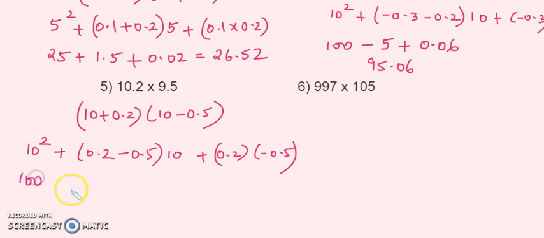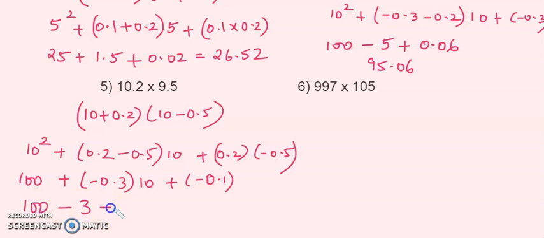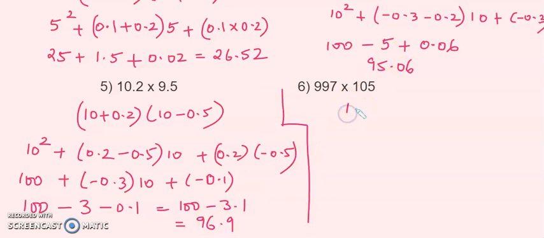So 10 square is 100 plus minus 0.5 plus 0.2, that is minus 0.3 times 10, plus minus 0.1. Why? Because 2 times 5 is 10, but there are two decimal places, so 0.1. Okay, let's write it off: 100 minus 3 minus 0.1, which is 100 minus 3.1, which will give me 96.9.